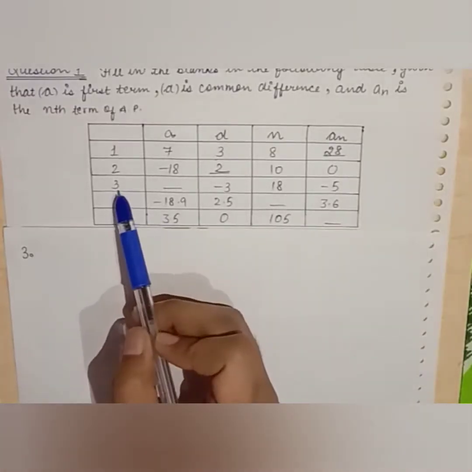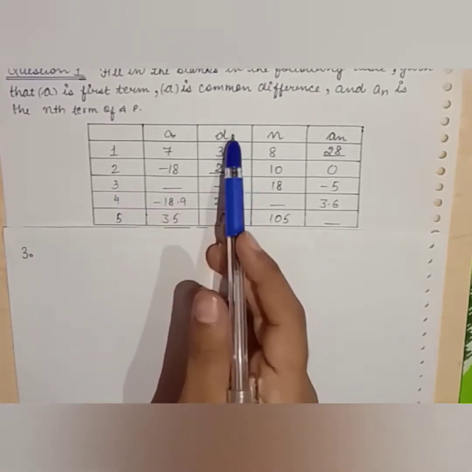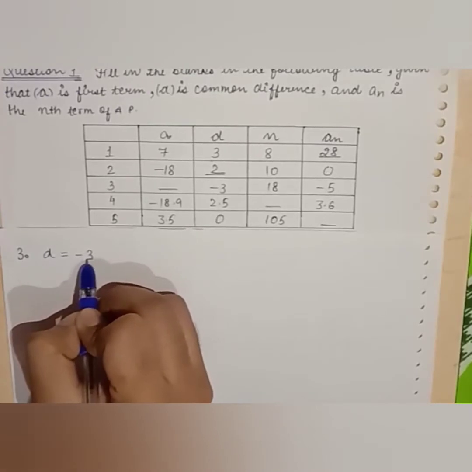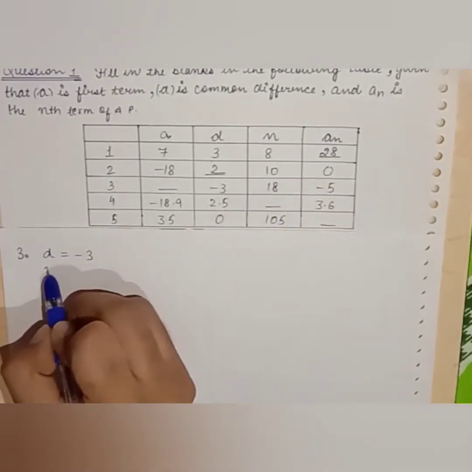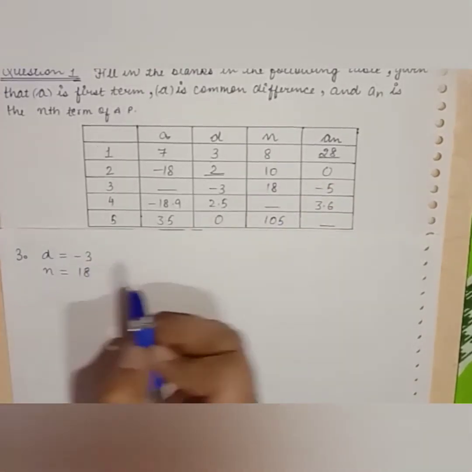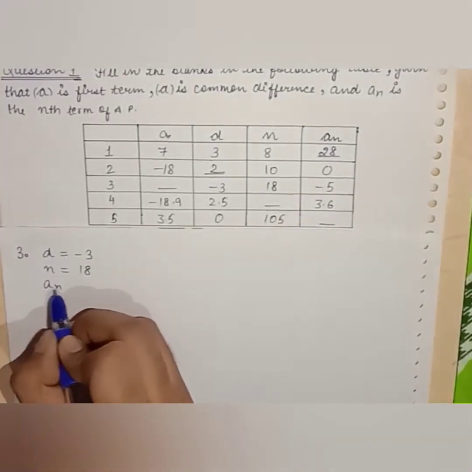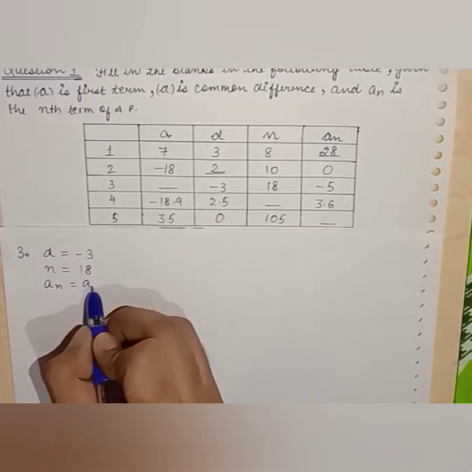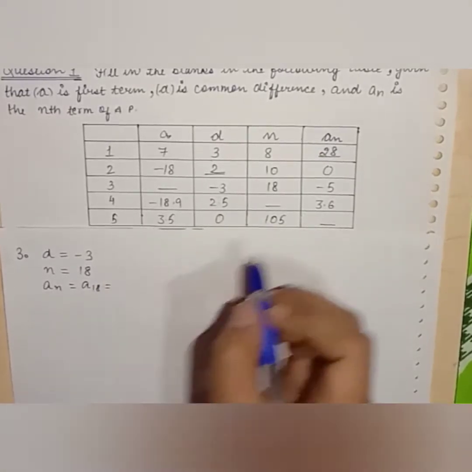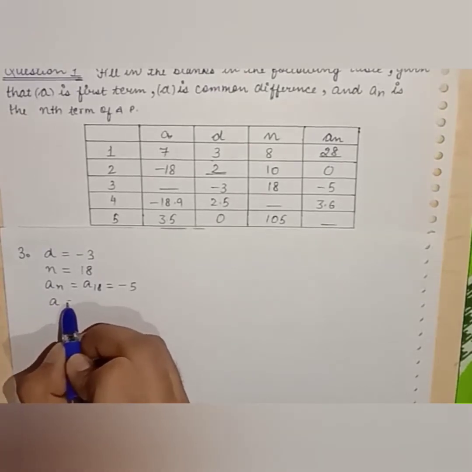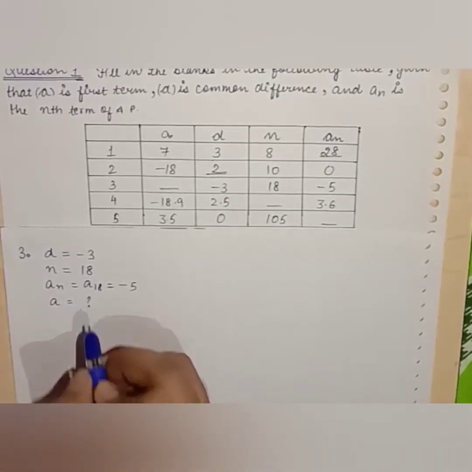Now for the third question we are provided with common difference d equal to minus 3, n is 18 and an is minus 5. an is the 18th term, minus 5, and we have to find the first term a.